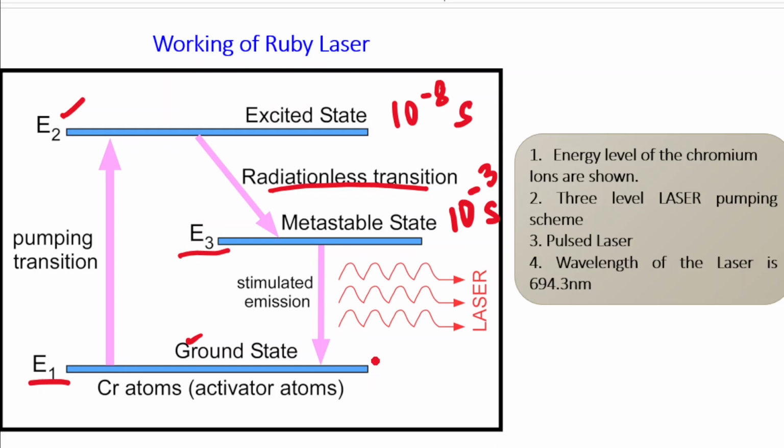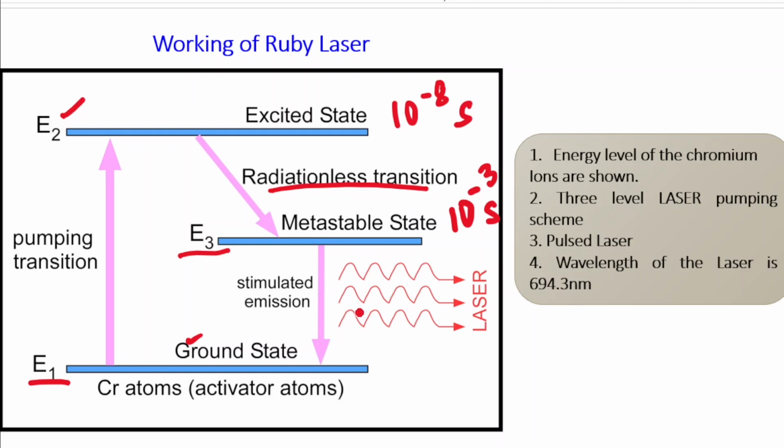Now, after achieving the population inversion in the metastable state, one or two photons emitted spontaneously can induce stimulated emission and the light amplification will start.